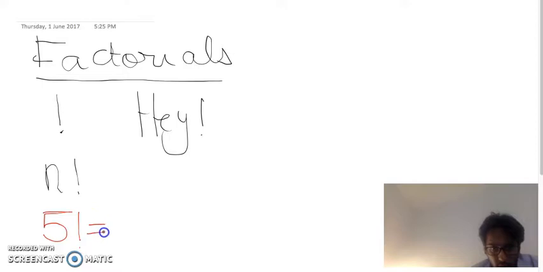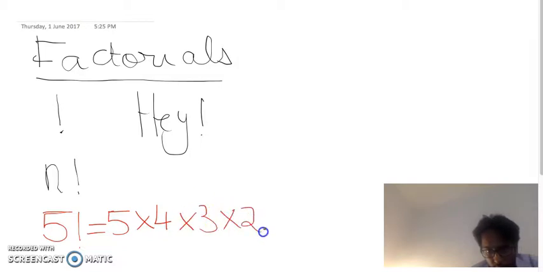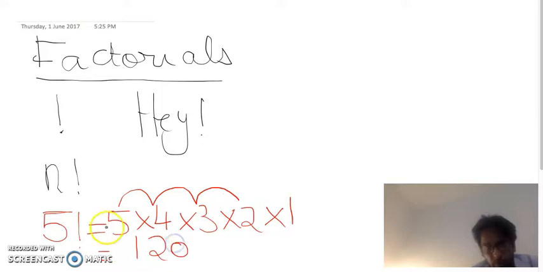So 5 factorial is equal to 5 times 4 times 3 times 2 times 1, which is equal to 5 times 4 is 20, 20 times 3 is 60, 60 times 2 is 120. So it's 120.